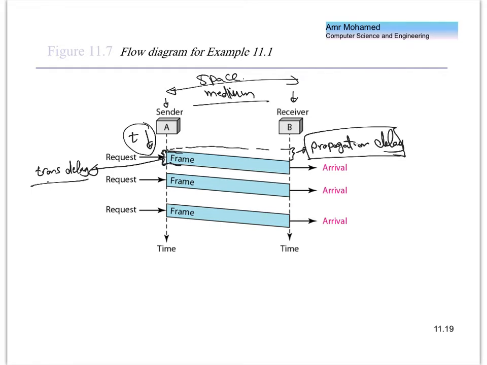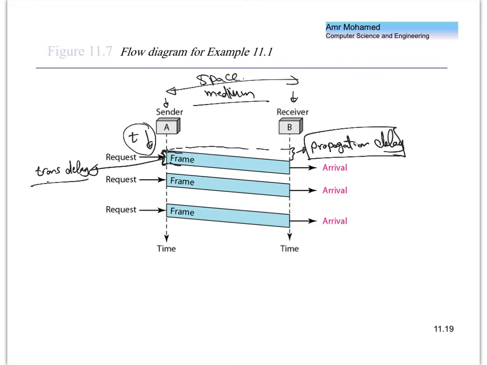This is the time that, once you put the frame as a signal on the transmission medium, it propagates until it reaches B. So that's why we have two parallel lines, and they are diagonal. They are not horizontal like this. Why? Because you have to spend some time to transmit the frame, and then you spend some time for the frame to propagate all the way to B.